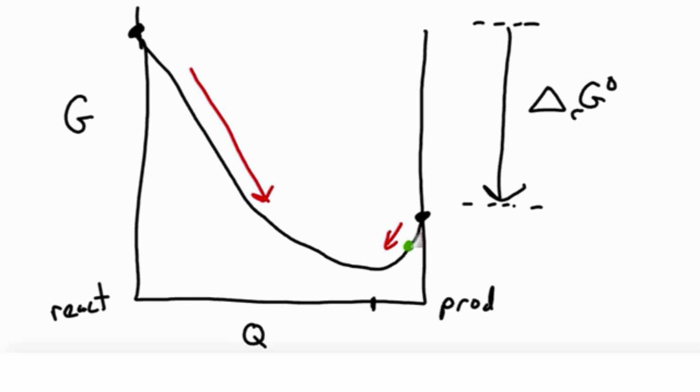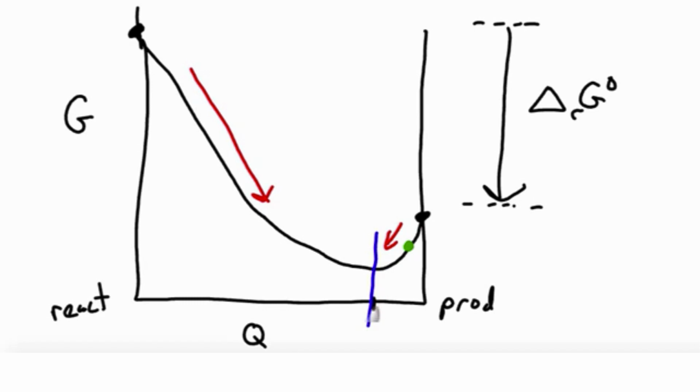So to get the minimum Gibbs energy, we actually had to go backwards. Okay? So even though it's overall energy downhill to go from these reactants to these products, if you start where that green dot is, you're going to react backwards because the equilibrium spot, the spot where you're going to end up, is right here because that's the minimum Gibbs energy.